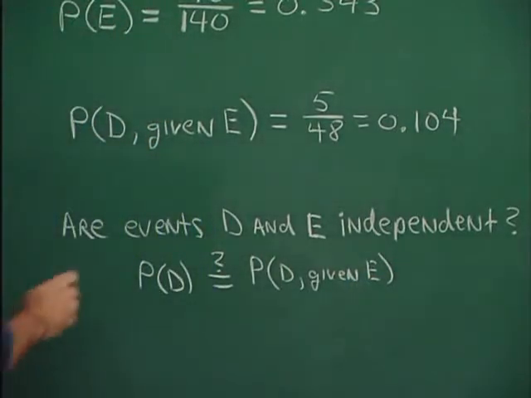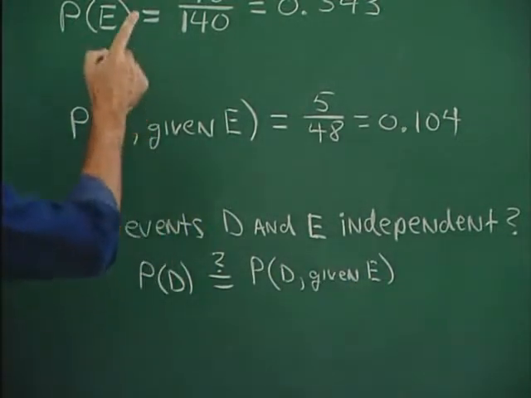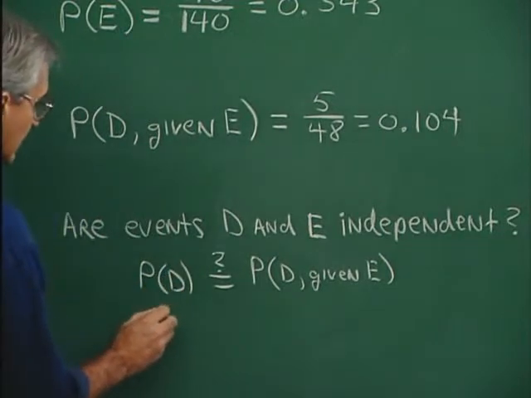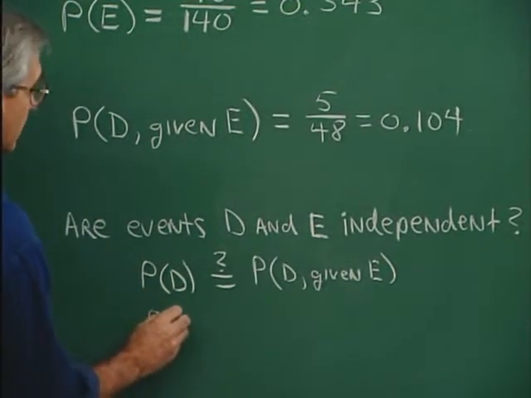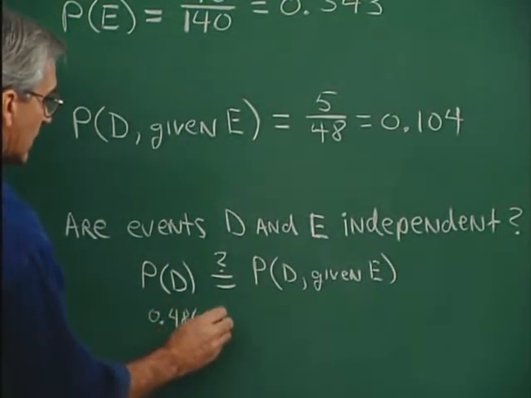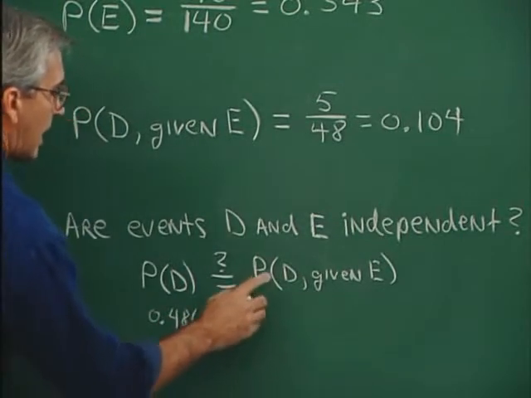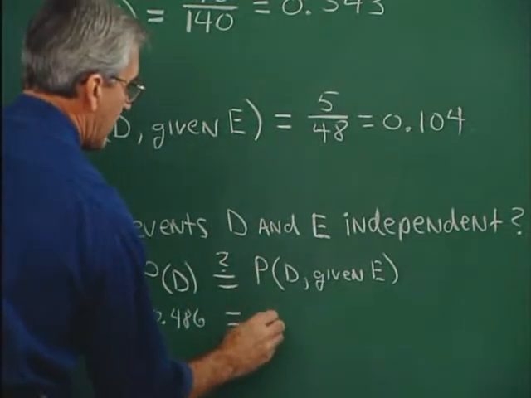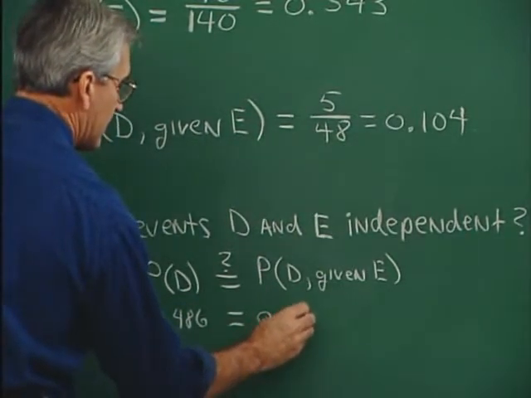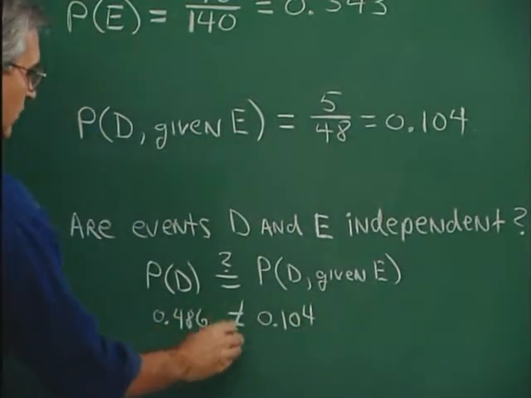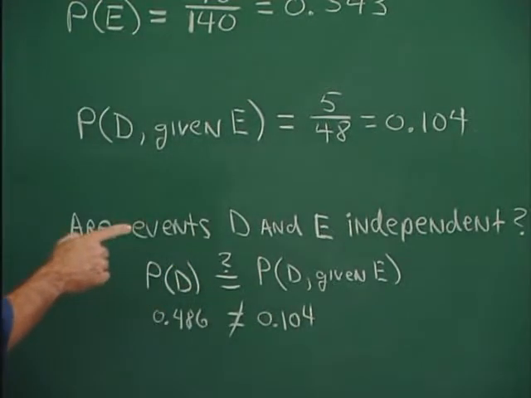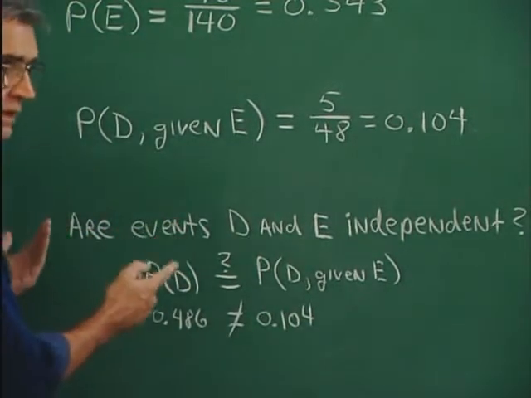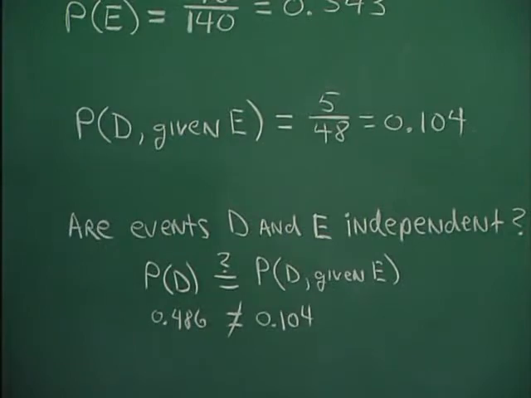Now, let's see, the probability of Democrat, we had calculated that up here as 486, and the probability of D given E was calculated here as this, and certainly these are not equal, and therefore no, these are not independent events. All right?